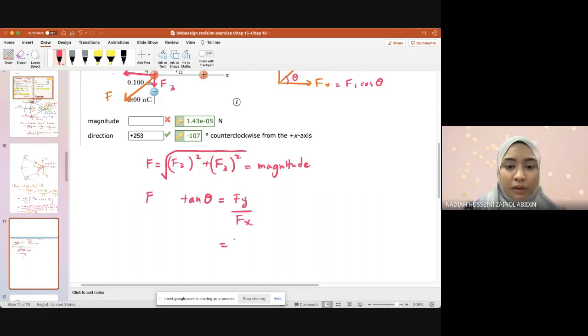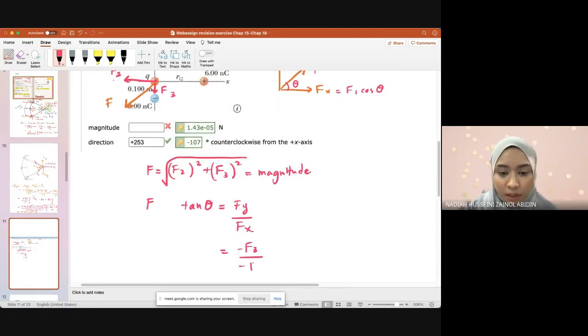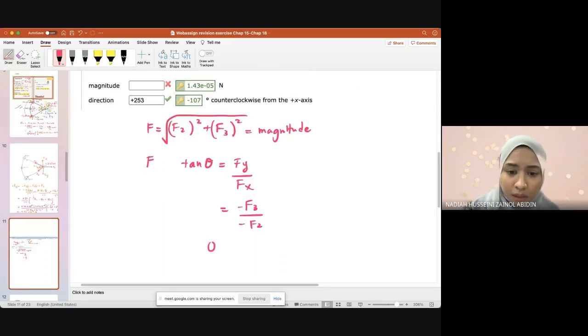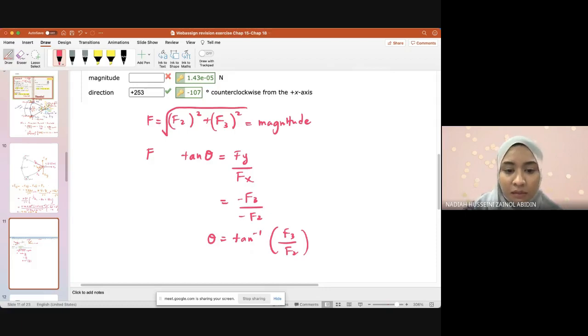In this case, our Fy is down there, F3 minus, and our F2 is minus as well. So F2 comes positive, and then theta is just the inverse tangent of F3 over F2. Is there any mistake here? Fy over Fx. Correct. So this is the angle that you will get to find the direction of your resultant force.